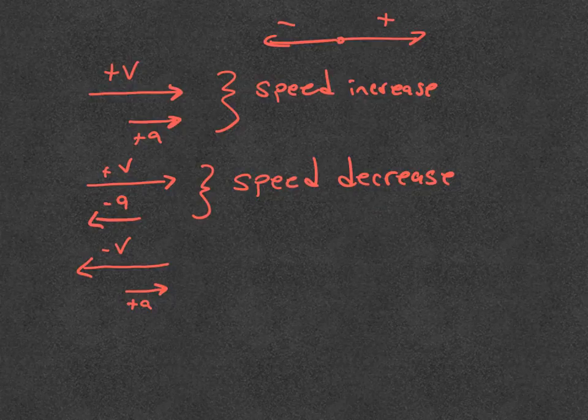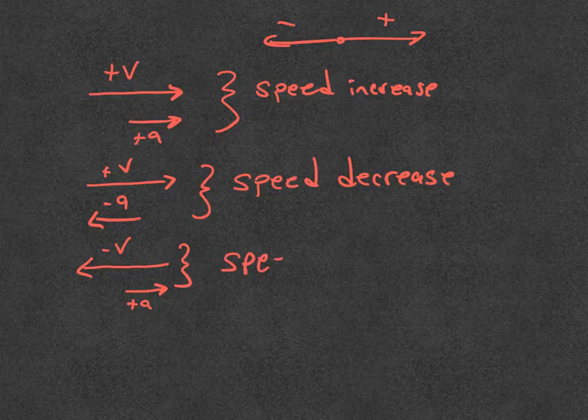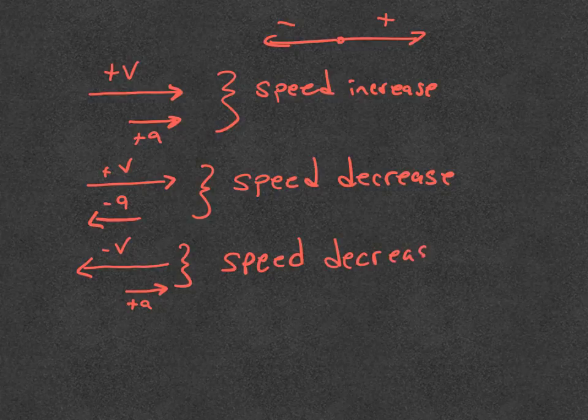Because the velocity and the acceleration are in opposite directions, our speed is actually going to decrease here. So even though you have a positive acceleration, the speed of the object is getting slower.